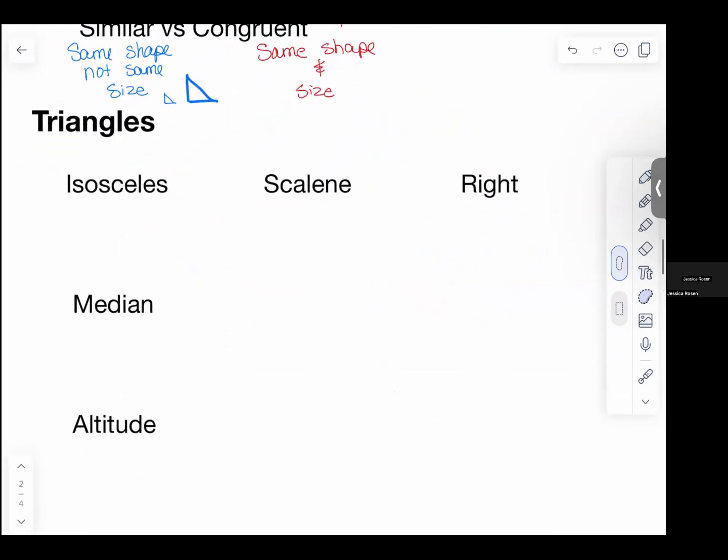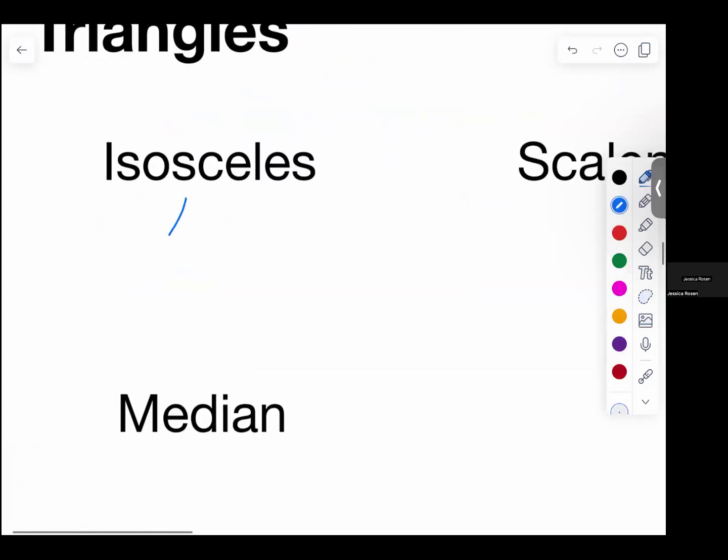All right, triangles. We have isosceles. That's going to be two sides are equal to each other. So two sides and two angles are the same. Or we can use a word there and say congruent, right?